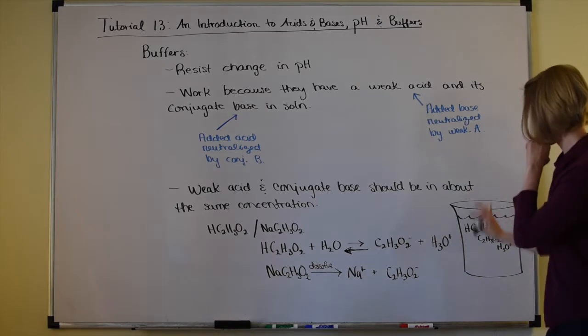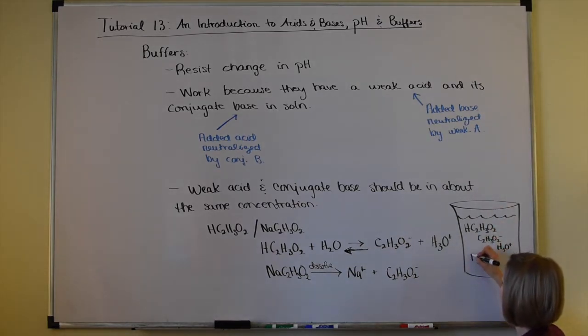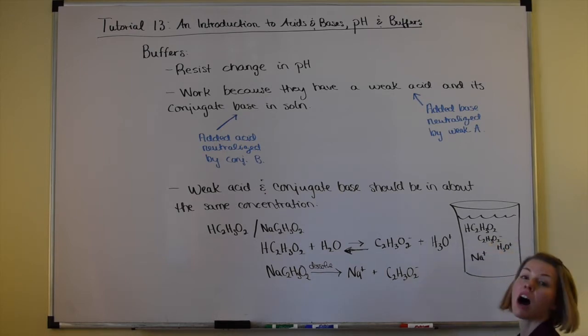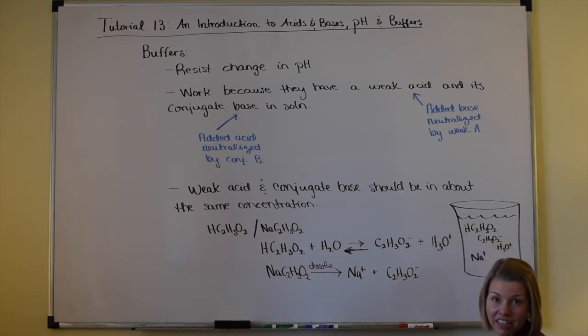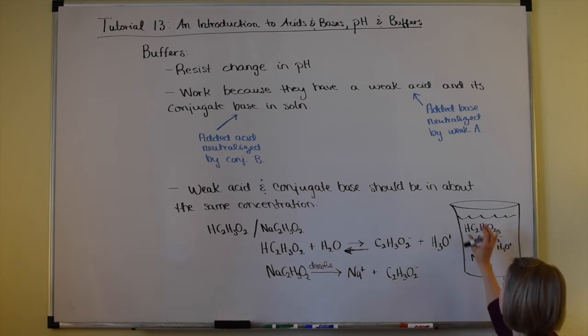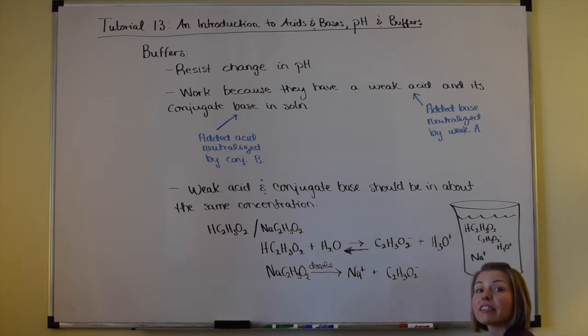And so now floating around in the solution, we have some sodium cations and then even more of our acetate anion. So we can imagine roughly equal concentrations here of our weak acid and its conjugate base.